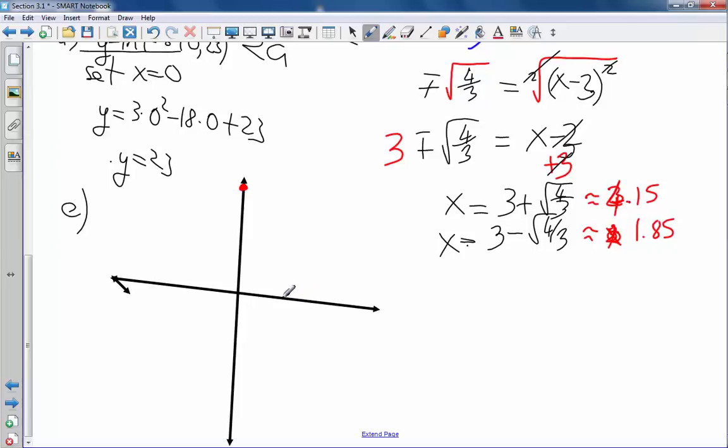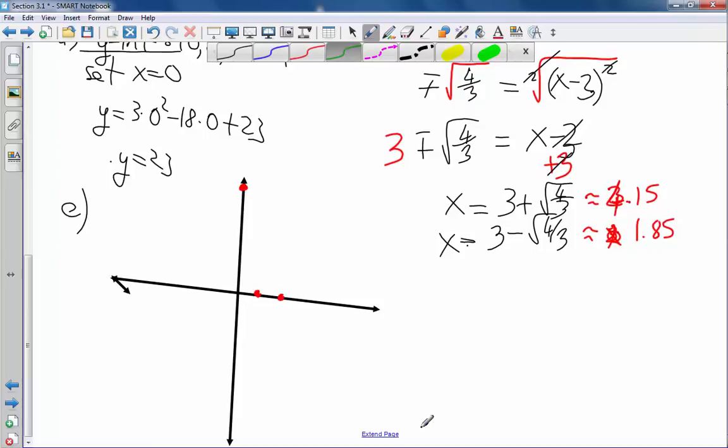Let's say 4 is here, 2 is here. Okay, I see how. Because we're going to locate the most important part. Where is the seed?